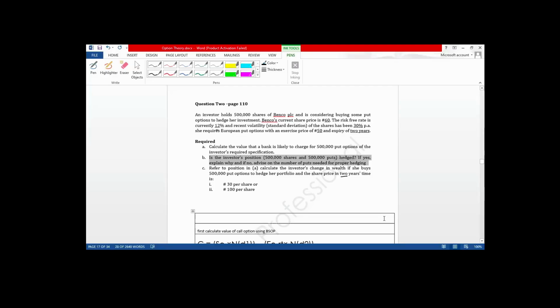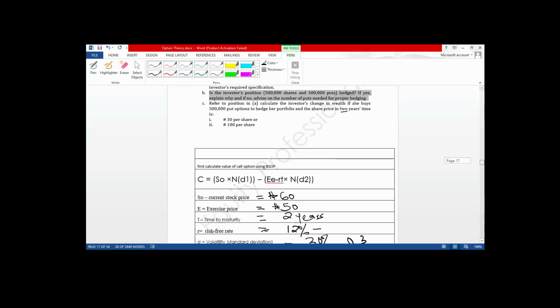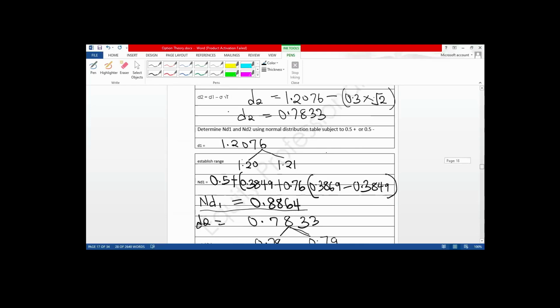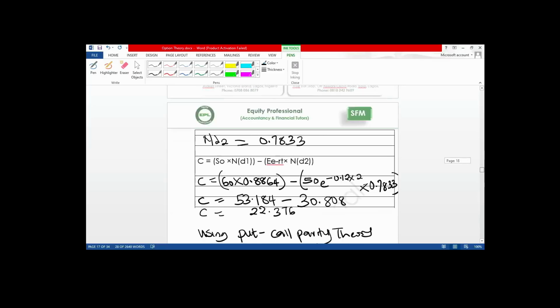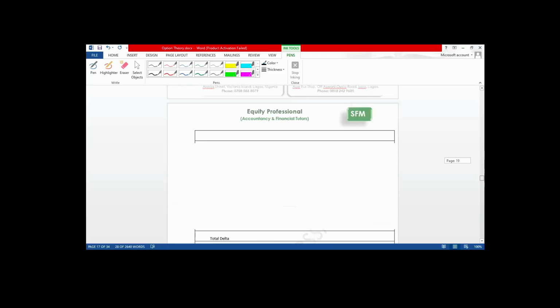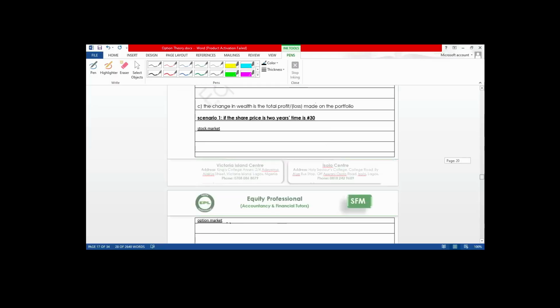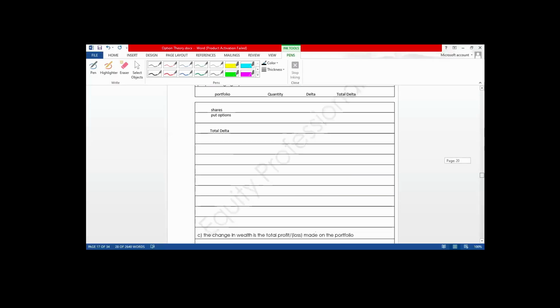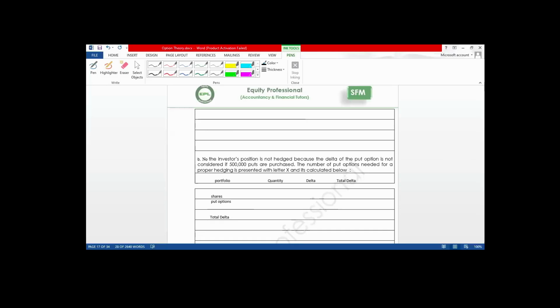She assumed on her own that one share equals one put option. The examiner is now asking us, is the investor's position hedged? If your response is yes, explain.